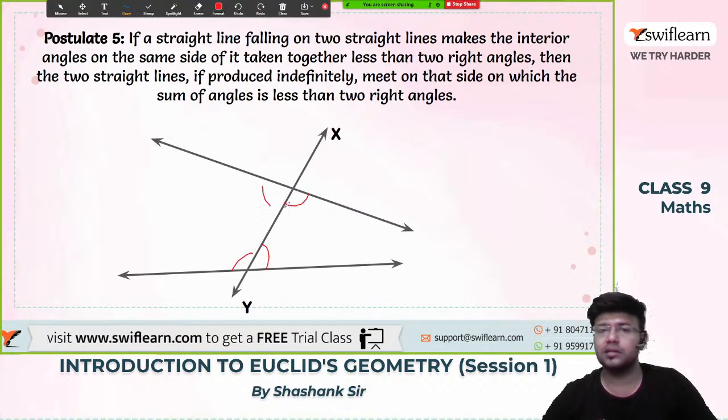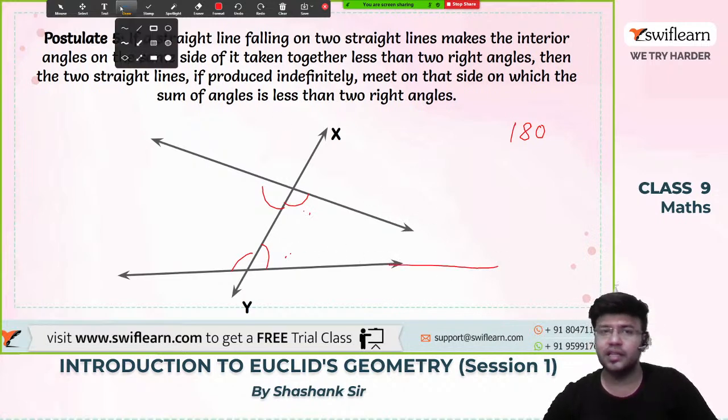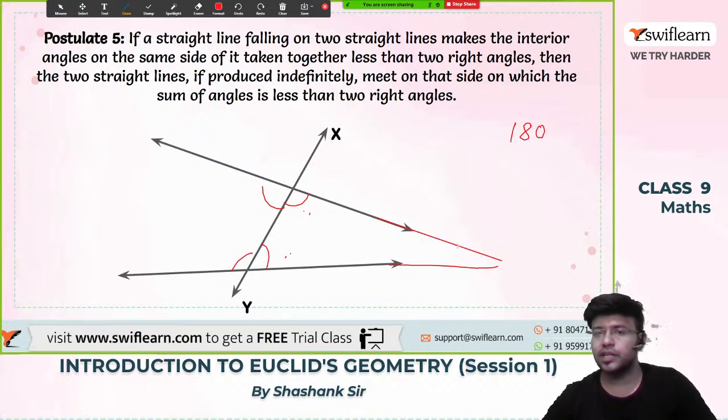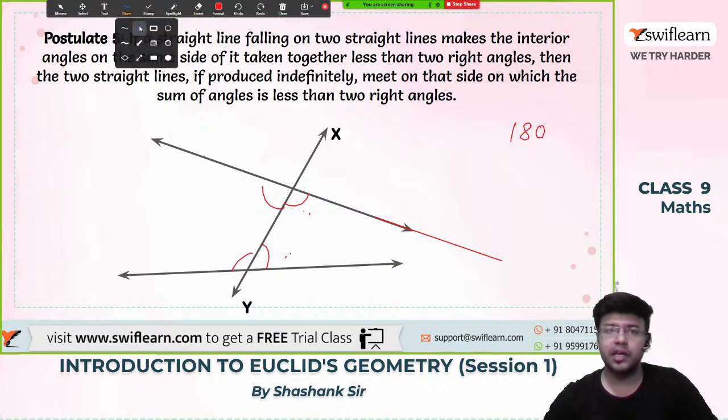Clearly these angles are less than two right angles, meaning less than 180. Now wherever the sum is less than 180, on that side the two lines, if extended, will meet. ओके, ये हमने एक्सटेंड किया. ओके, ये भी हमने एक्सटेंड किया.